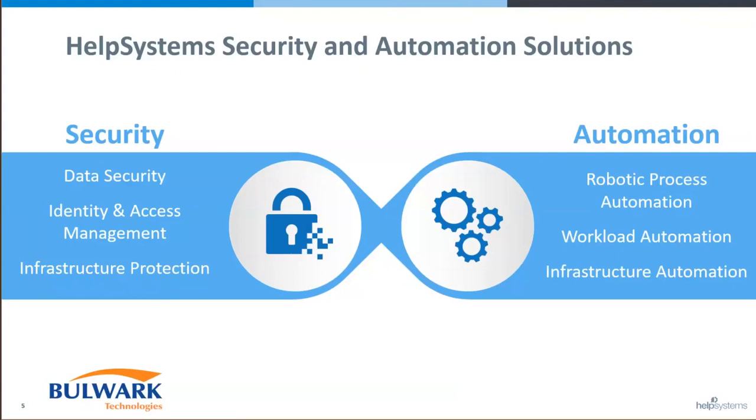With the security solutions, we can give organizations the ability to protect their sensitive information, to enforce data classification policies, to control how PCI information or personally identifiable information is both accessed and shared inside and outside of their organization. We look at how we can use the automation solutions to remove some of the repetitive tasks for organizations, to allow them to focus on the real high value tasks.